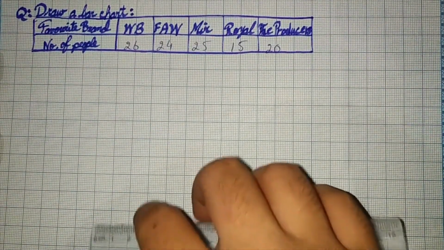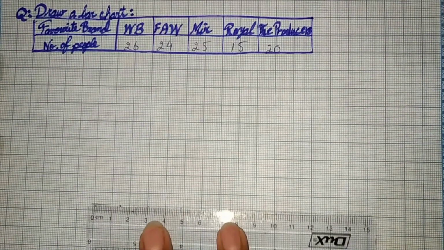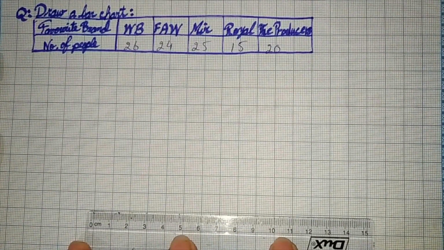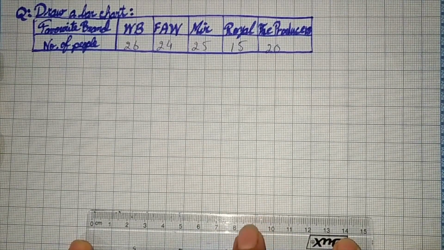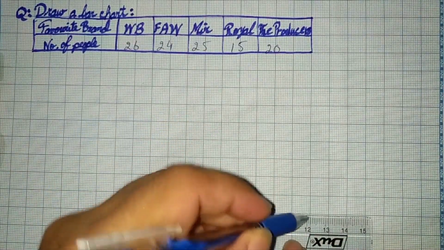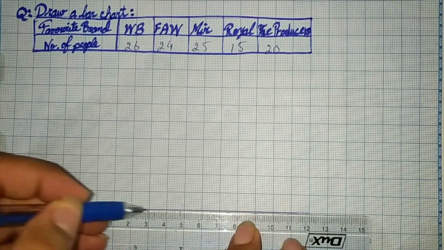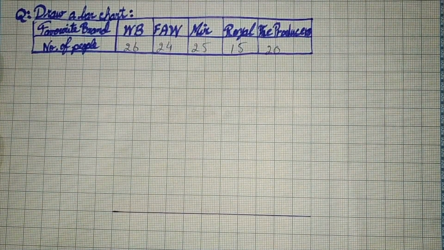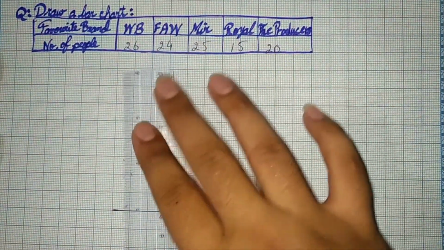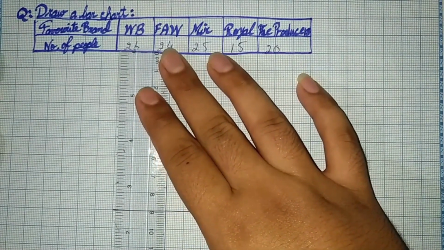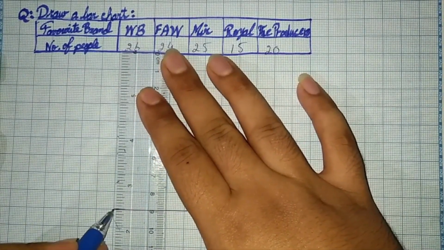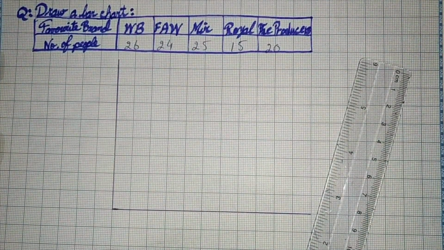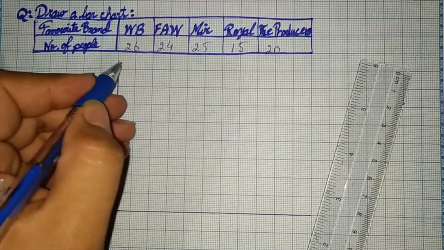First of all, we have to draw a line. Let me draw it. Now I have to draw a vertical line also. I have drawn this vertical line and this horizontal line.